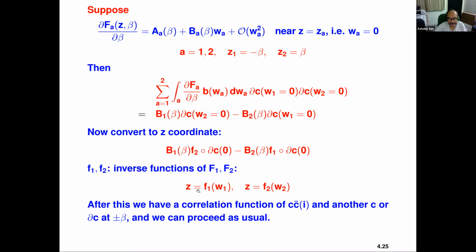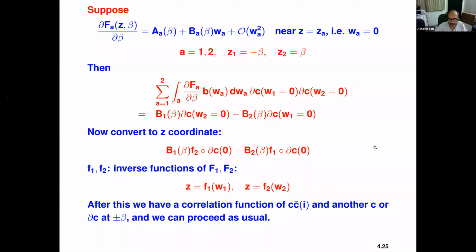Now z is small f1 of w1 and of course β, and again z is small f2 of w2. So this is the insertion. At the end, what you have is the integral dβ multiplied by a correlation function, where you have this insertion, and then of course cc̄ times the closed ring tachyon vortex operator.